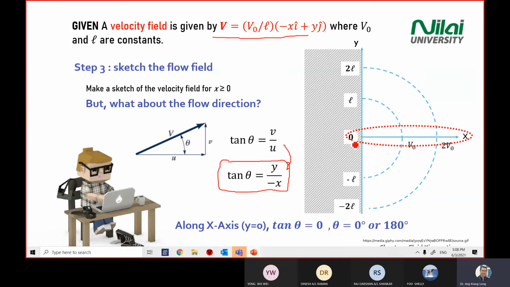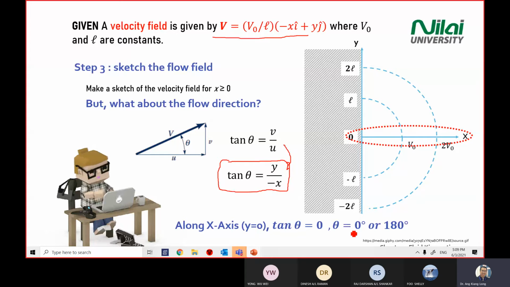So we look at this axis. Along the x-axis where your y equal to 0, if you look at the equation that I highlight on the screen here, what happens if you have y equal to 0? Straight away, you know that your tan theta equals 0. There's only two scenarios when your tan theta can be 0.